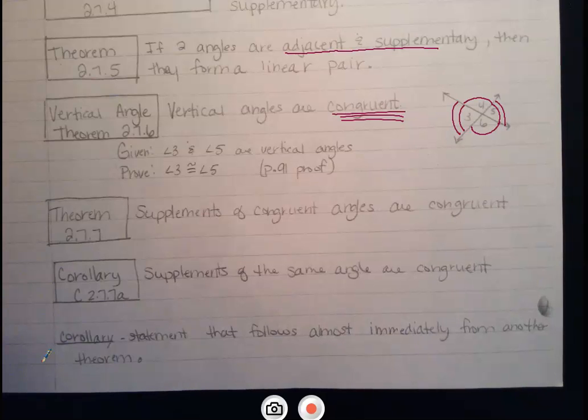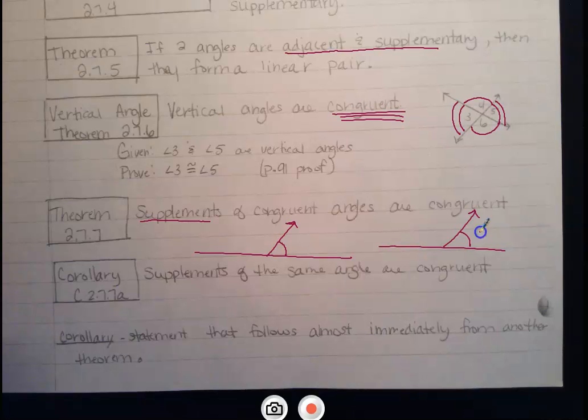All right. So supplements of congruent angles are congruent. And Caden asked, what are supplements? Say we have this, and we know this angle is congruent to this angle over here. Let's say this is angle J, and this is angle K. The supplements of those would be the other part, so those would have to be congruent as well.